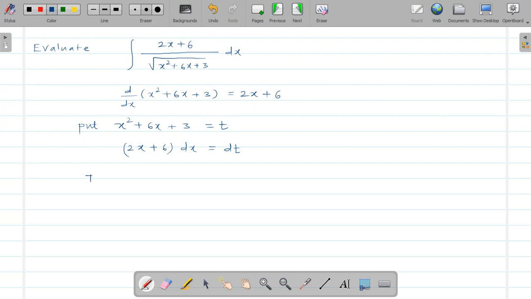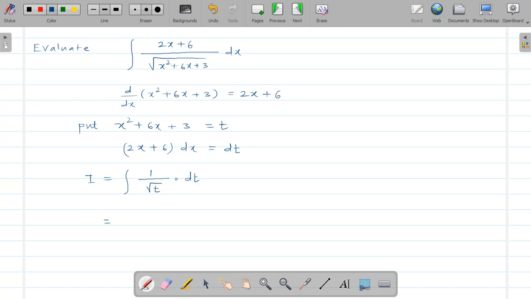So the given integration reduces to the form, see, in place of 2x plus 6 dx we will put dt, and in place of x square plus 6x plus 3 we will put t. So it becomes 1 upon root t into dt.